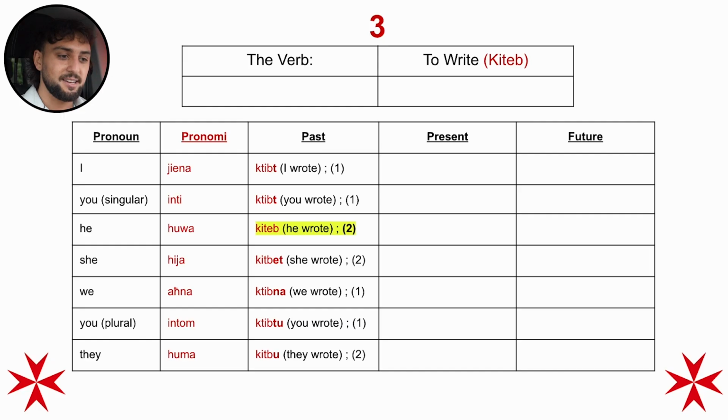Now, as I was saying, the very first thing we need to do here is work out the imperative for the verb kieteb. And if you watched part 1 of this Maltese verbs video series, you'll know exactly how to do that. But just in case you've forgotten, let me briefly remind you. You very simply take the mumma, which of course is kieteb, which you can see highlighted on the screen in yellow here.